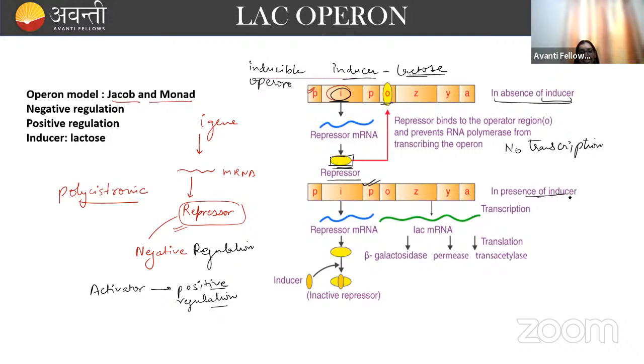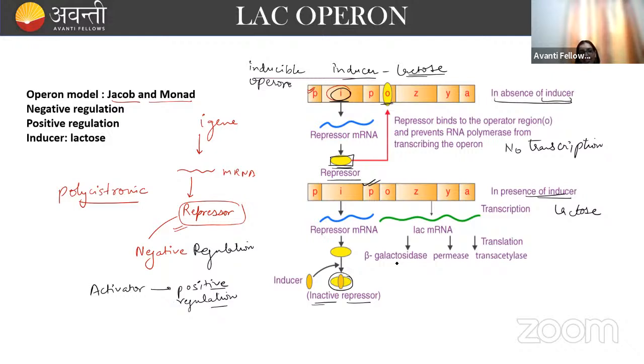But when there is a presence of inducer, when lactose is present, the lactose or the inducer will bind to the repressor and lead to its inactivation, because when the inducer binds to the repressor, it leads to conformational changes. Because of those changes, the repressor cannot bind to the operator.